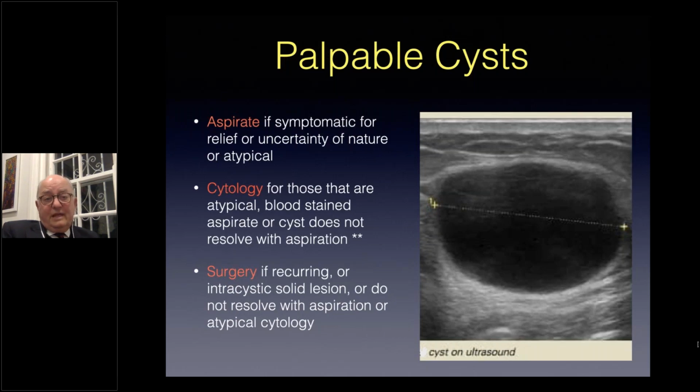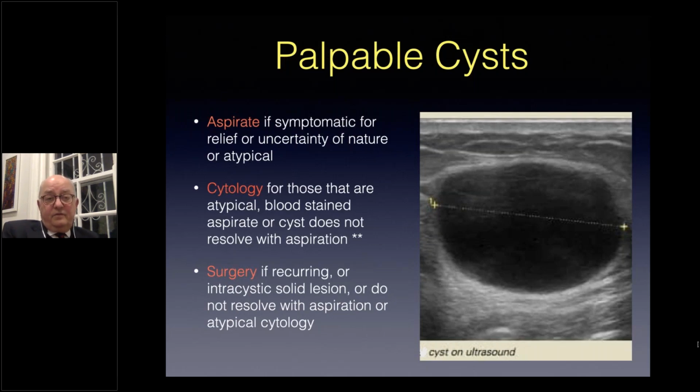And I do that, first of all, to reassure the patient that this is a simple lump and it's removed just by simple aspiration. And I also want to make sure that on this particular occasion, when I'm aspirating the cyst, there are no residual findings. You also aspirate them if they are atypical, obviously, on the imaging, and you're uncertain of their nature.